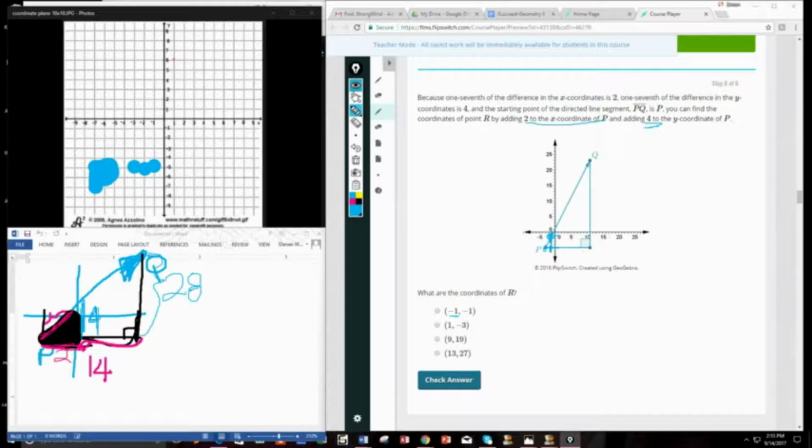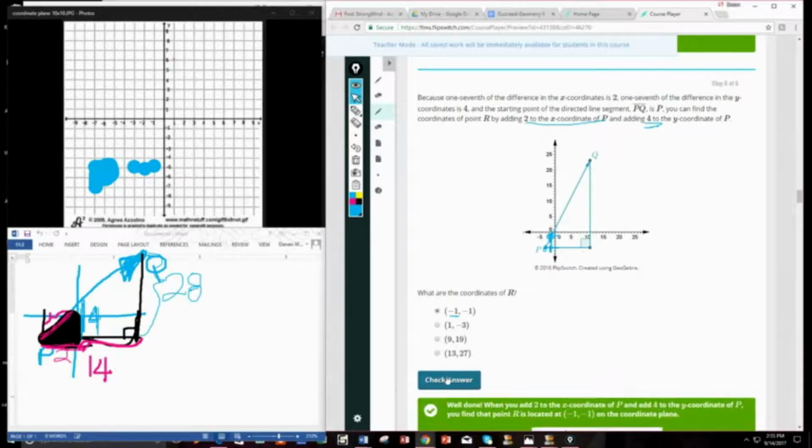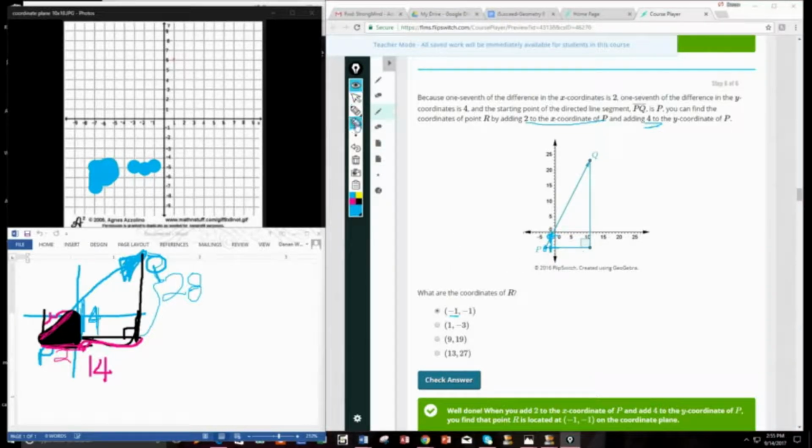So then our coordinates are -1, -1. And the reason why we use P, the x coordinate and y coordinate of P, is because we started at P. Alright.